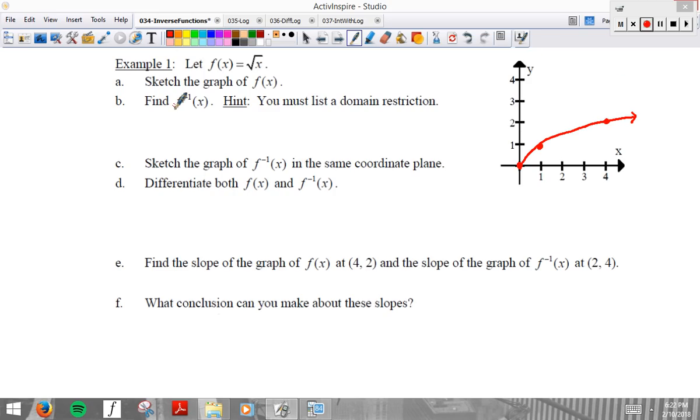And now it's asking us to find f inverse. Did you try it? The way we get f inverse, the algorithm, is to replace f of x with x and replace the old x with a y. And we try to solve for y. In this case, you would solve for y by squaring both sides.